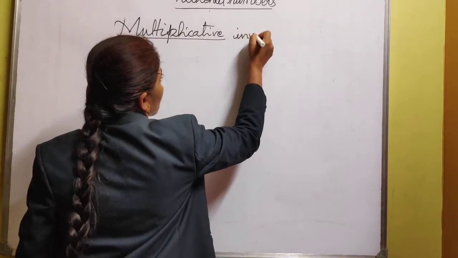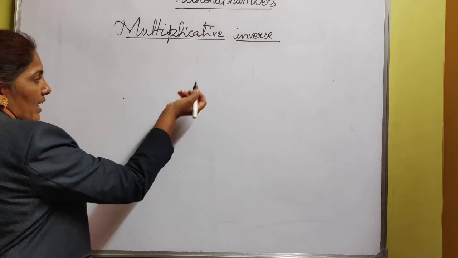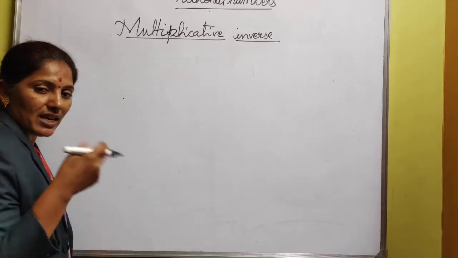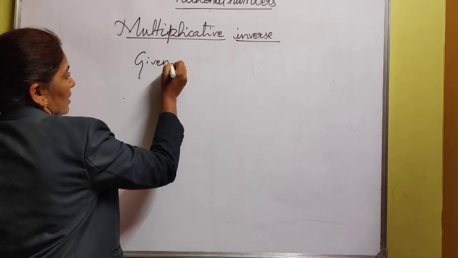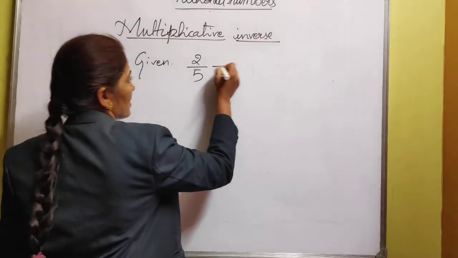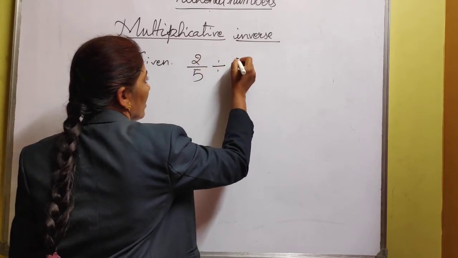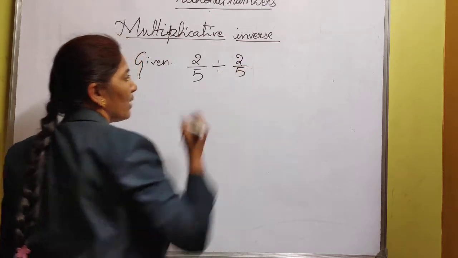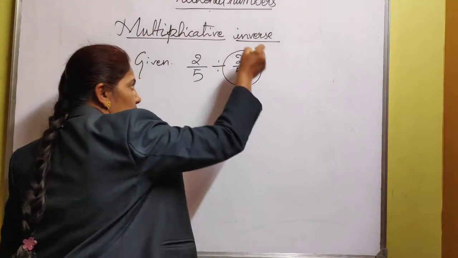Multiplicative inverse. What is this multiplicative inverse? Say I write two numbers which I have to divide, say 2 by 5 divided by 2 by 5 itself. So what I am going to do is take the reciprocal.